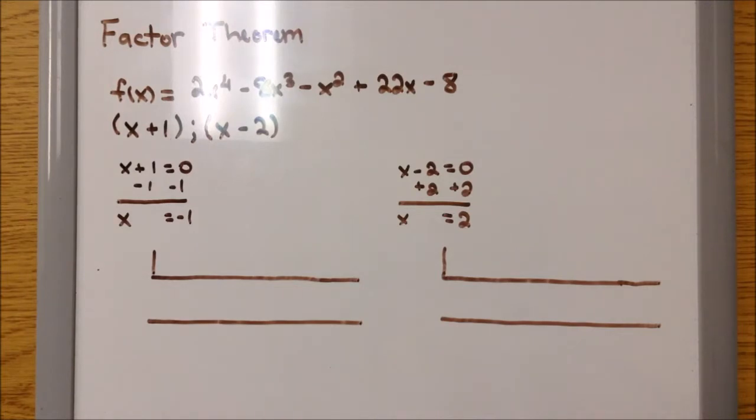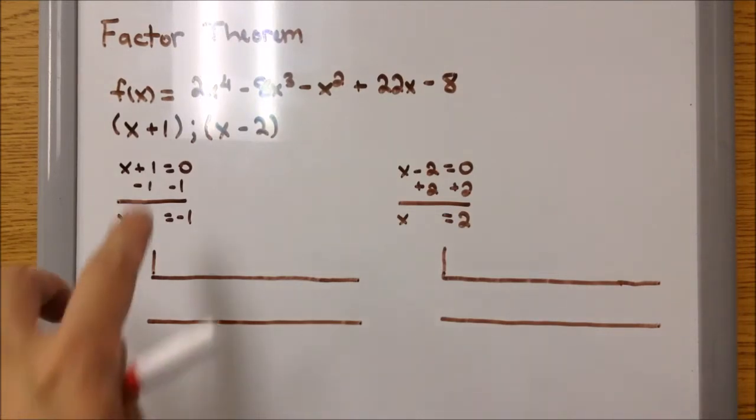So in order to prove that it's a factor, if the remainder is 0, then yes, it is a factor. If it's not, then it should not equal 0. So let me rephrase. If the remainder is 0, yes, it is a factor, the one that you use in synthetic division. If the remainder is not 0, then the divisor that you use is not a factor.